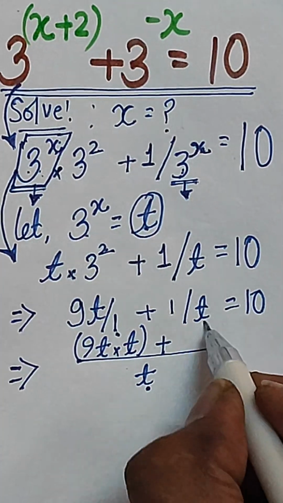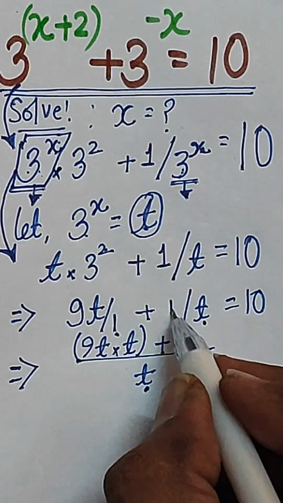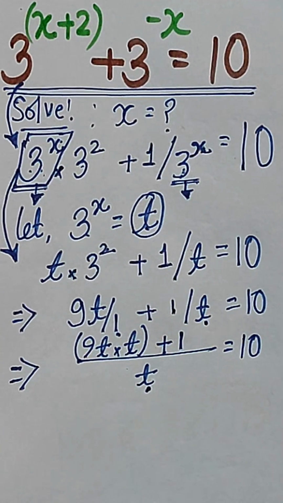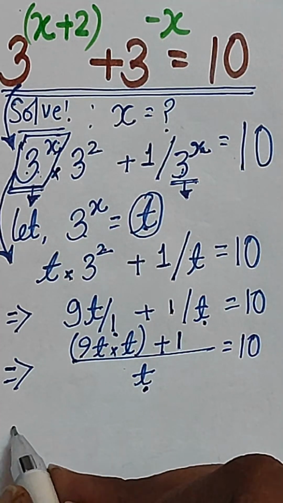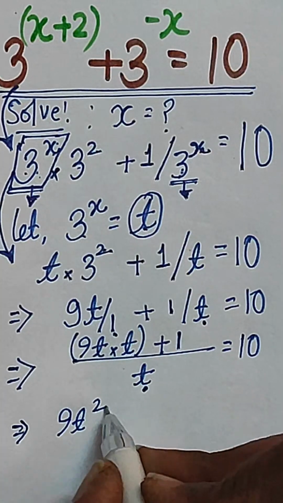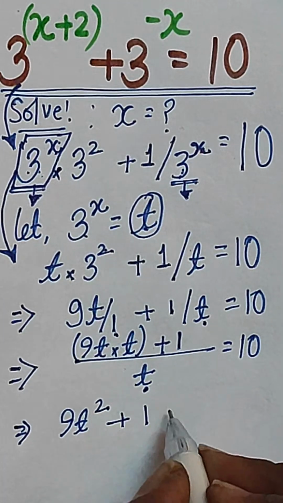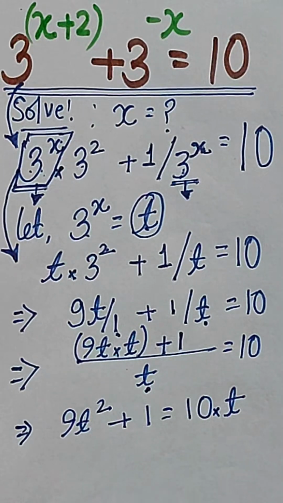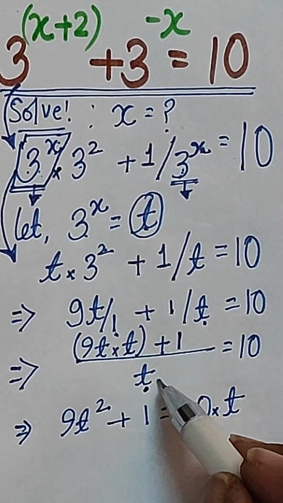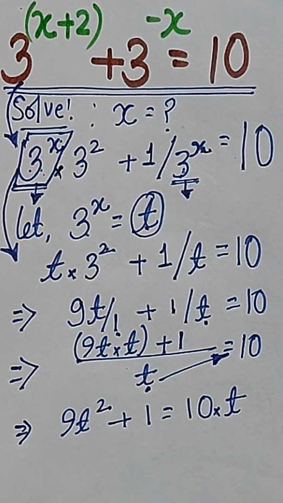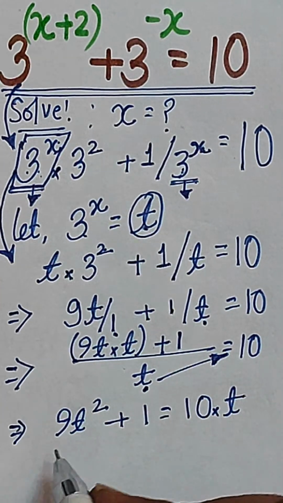Plus 1 as it is, equal to 10, right? This will give you 9t square plus 1 is equal to 10 times t, isn't it? Because t is going to the RHS, cross multiplication, right?